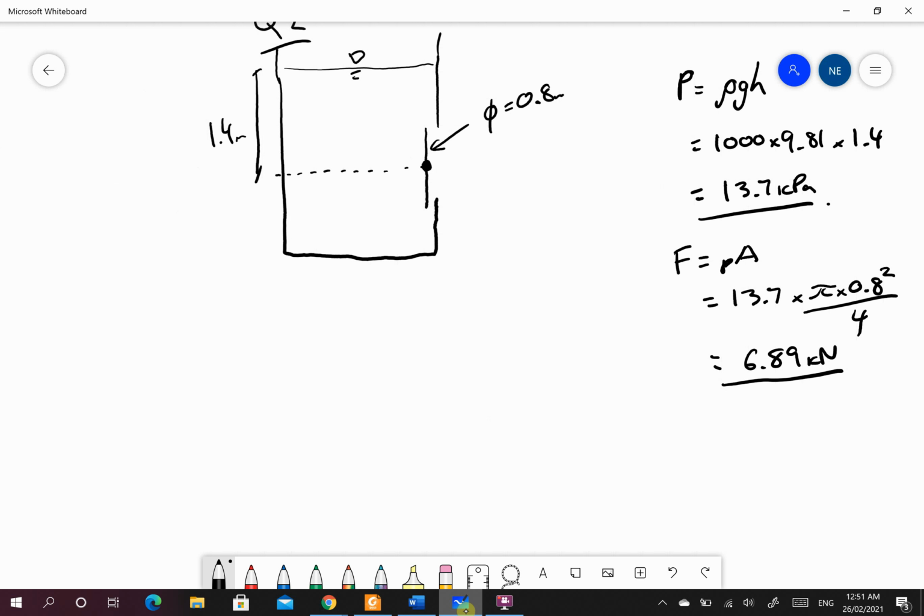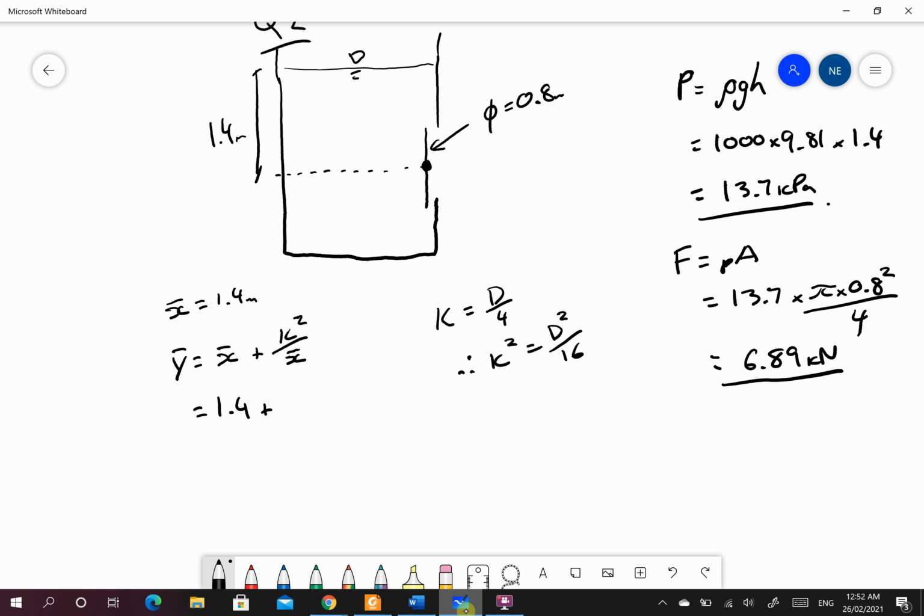Now I'm going to work out where it's acting. My x bar is 1.4. Y bar is x bar plus k squared on x bar, which equals 1.4 plus, so for a circle, k is d on 4, square this, so therefore k squared is d squared on 16.